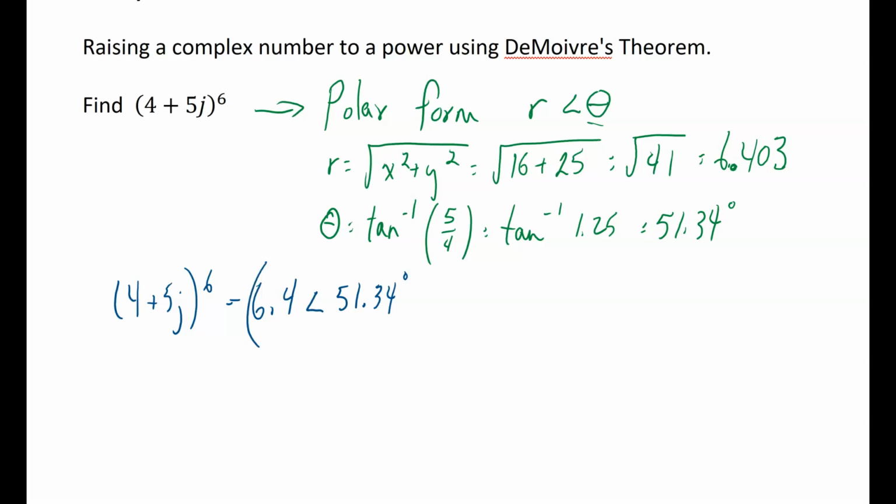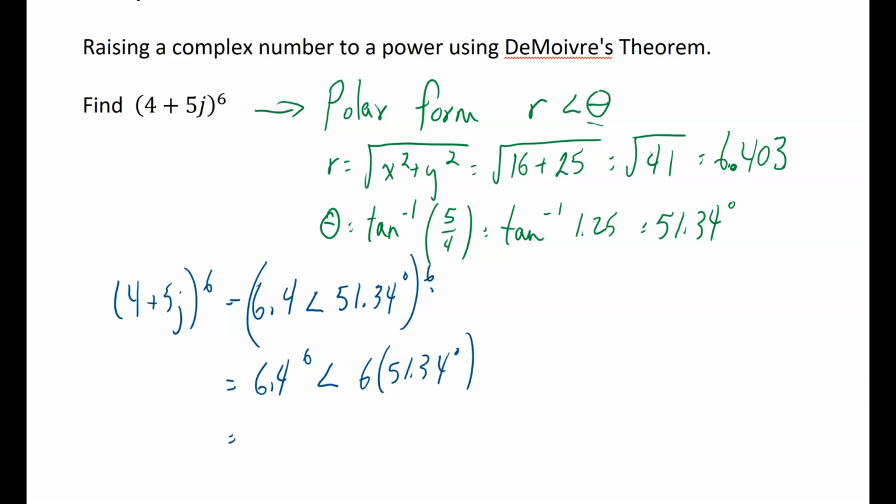And we need to raise that to the power of 6. So now that it's in polar form, we can raise it to the power of 6. Remember what de Moivre's theorem says. Take 6.4, raise it to the power of 6 at an angle of 6 times 51.34 degrees.